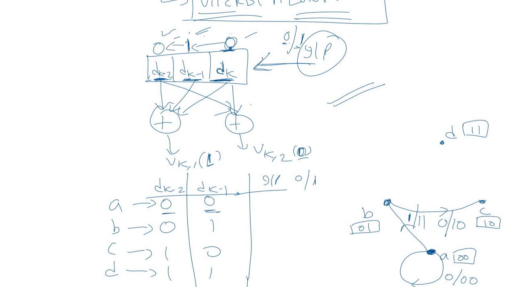So the next state will be 1 0, and 1 0 is nothing but your state C. So it transitions to state C. In this way we can complete the entire state transition diagram. I'll just quickly complete this diagram for you.